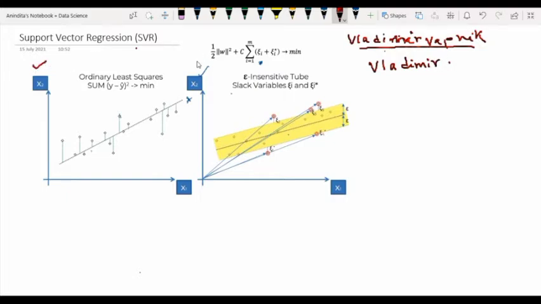Here we have two plots. In order to compare SVR with simple linear regression, it will really help you understand the details inside this concept, so that's why I'm comparing it with simple linear regression.